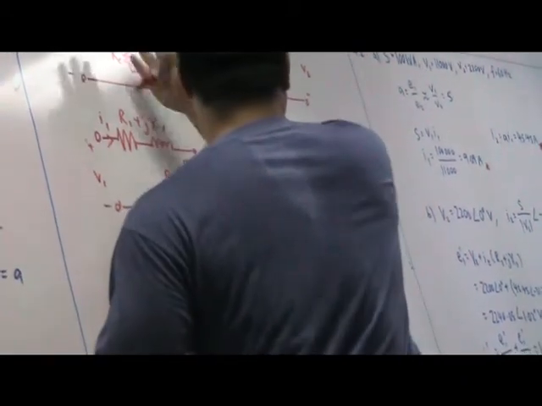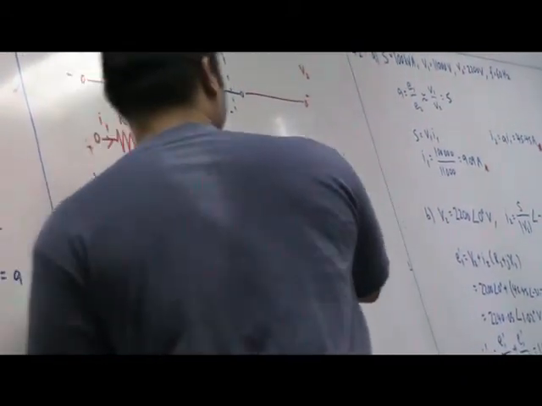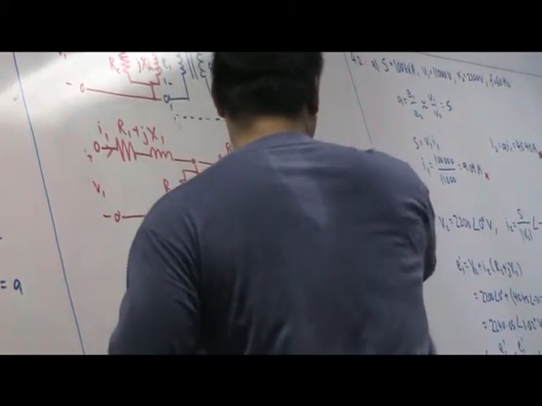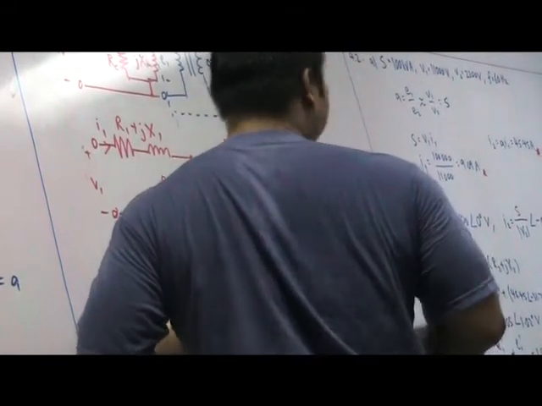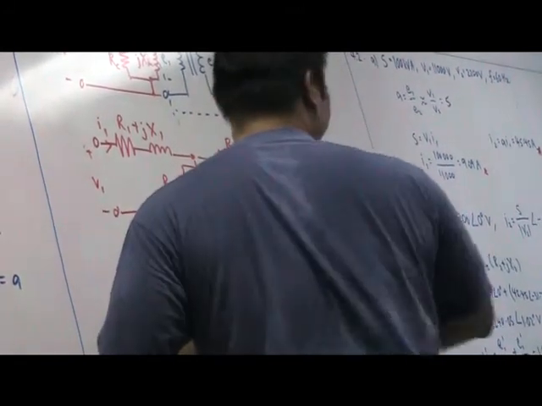Everything on the primary side stays the same, nothing changed. On the secondary side, you just copy everything over and put the superscript prime on all the secondary side quantities, meaning R2, X2, I2, and V2.